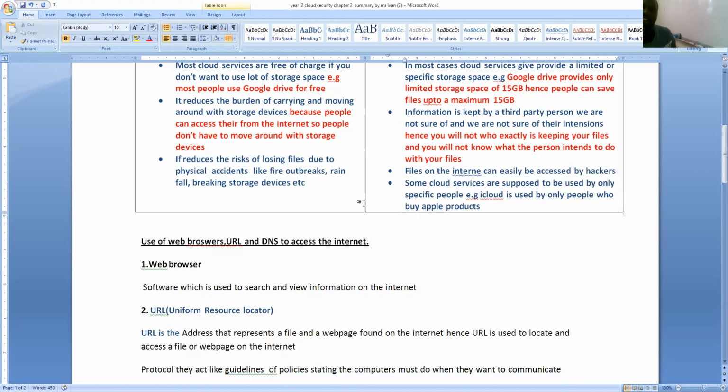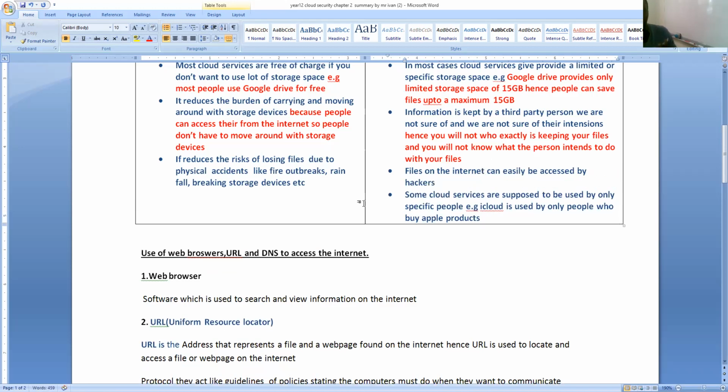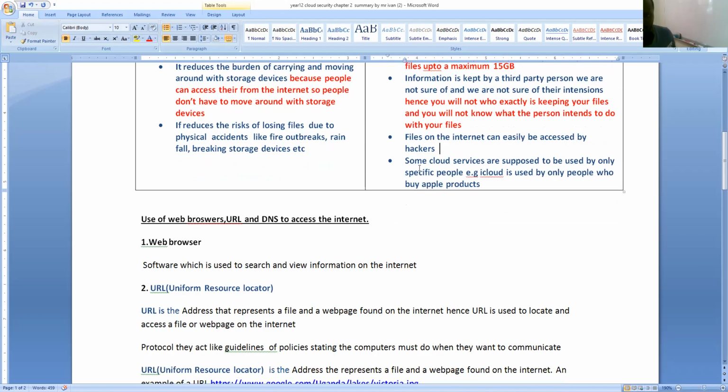Once something is on the internet, it means that it can easily be hacked. So you are exposing your files to hackers so easily the moment you save them on the internet.